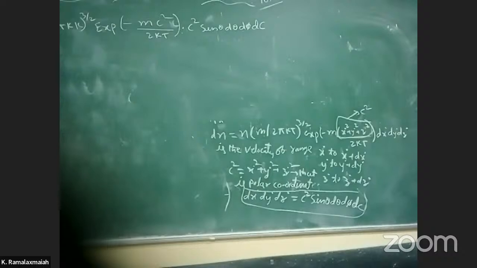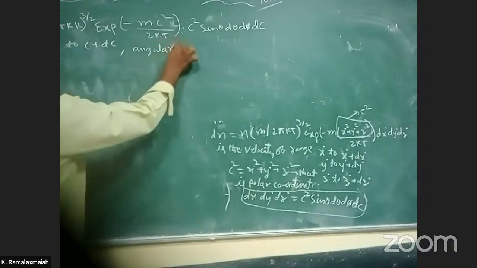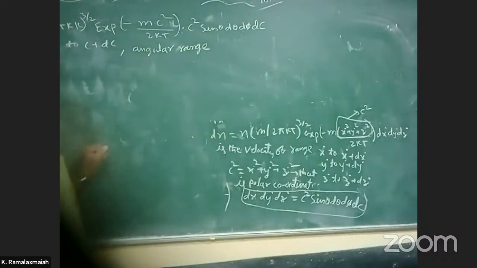That's the equation. So through the equation, the number of molecules with the speed between c and c plus dc, in the direction of line within the angular range, which angular range value?